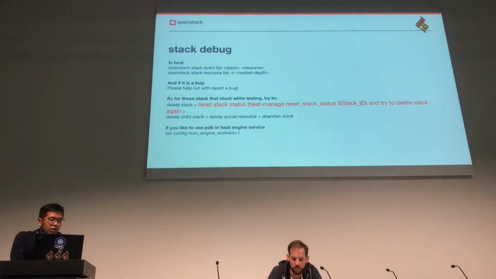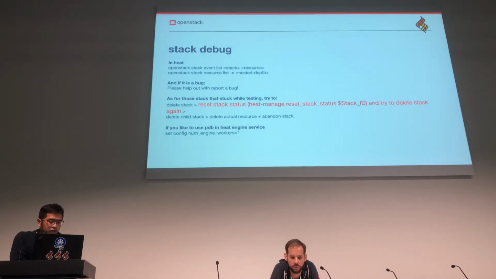If you can't find any other reasons, or you know what you are doing, like in my own development environment where I know I broke the entire thing by writing something, you can reset the stack status to a normal status and try to delete again. Or you can reset the status, restore the code repository, restart the service and try again.